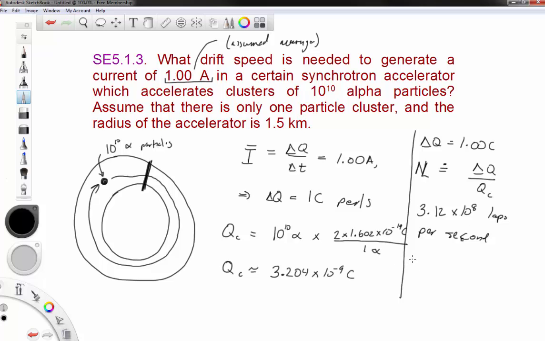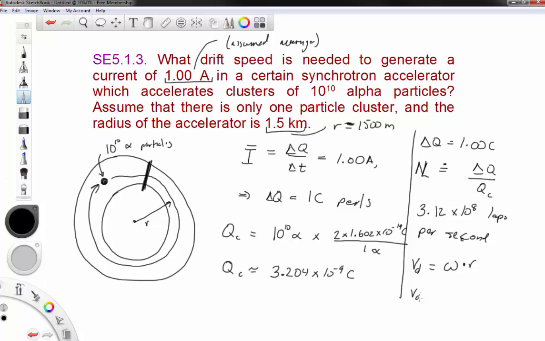So the drift speed itself, Vd, you can basically use a tangential speed. And the tangential speed, you'll recall, is going to be given by omega times r, where r was given in the problem. It is 1.5 kilometers, so r is approximately 1,500 meters. And omega is going to be this times 2 pi.